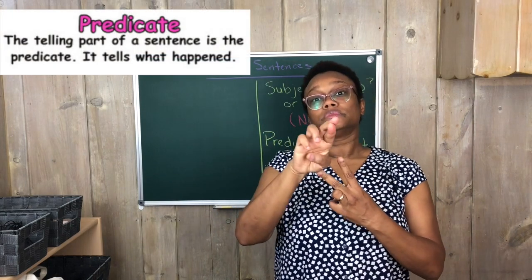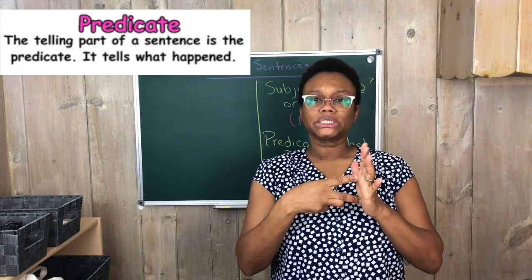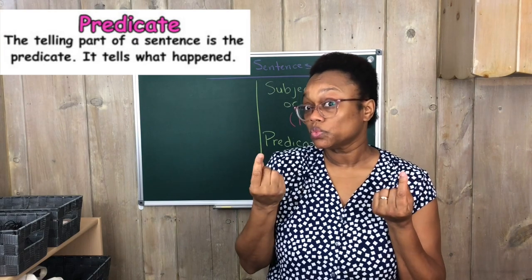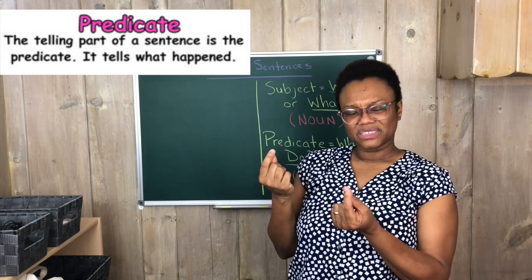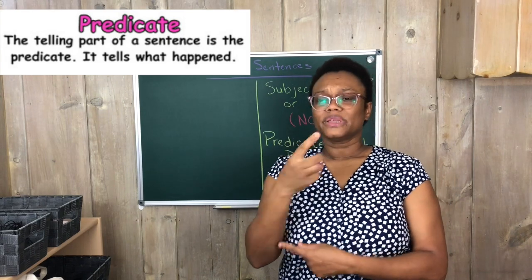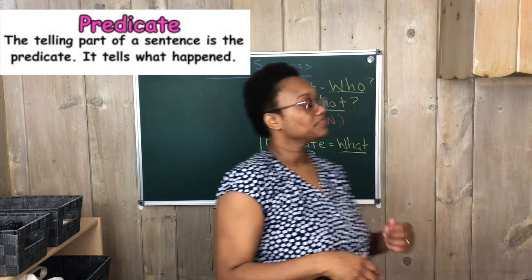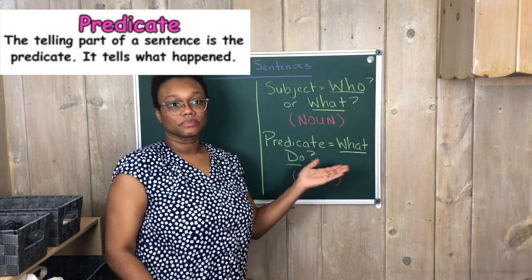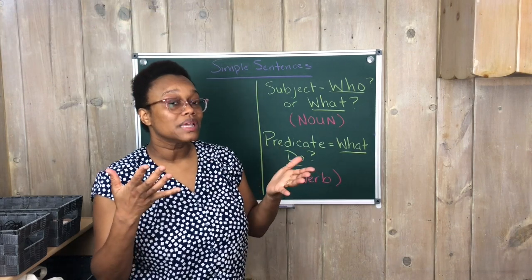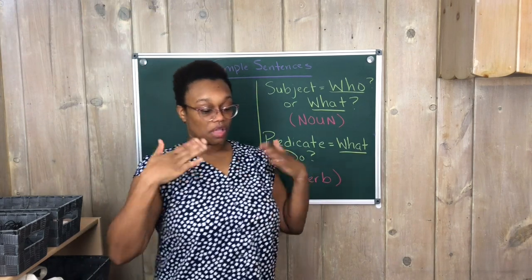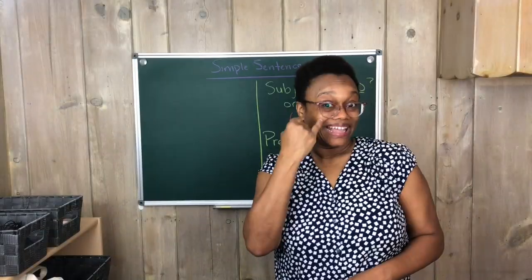The second is a predicate. That means what you're doing. So if you have a noun, what is that noun doing? The predicate is always a verb. Verbs mean what? They are action words, either physical or mental actions.